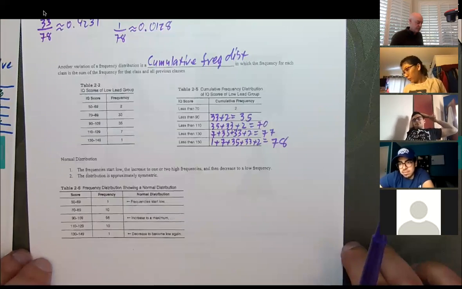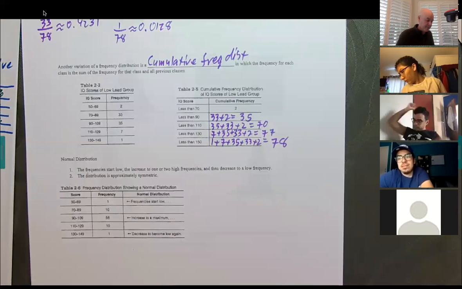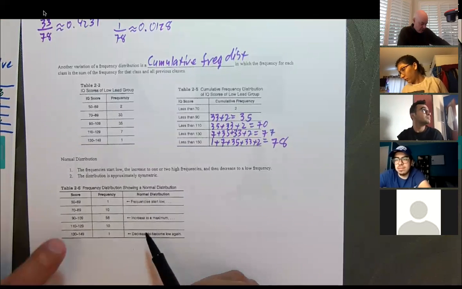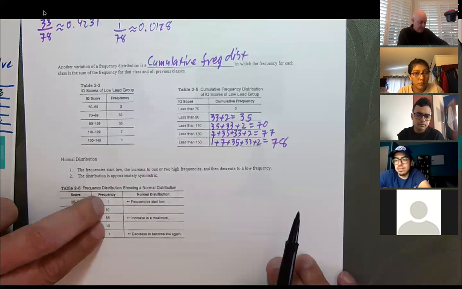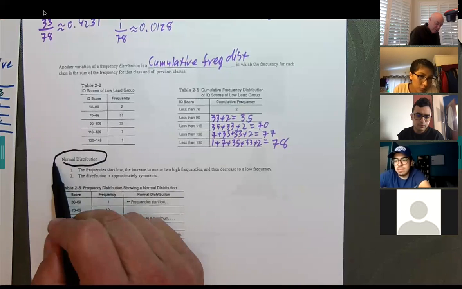All right, let's move on to the normal distribution. Now, I want to point out, once again, as I mentioned before, you can see all of the big data is in the middle in this case, and then it kind of peters off. We call this a normal distribution.